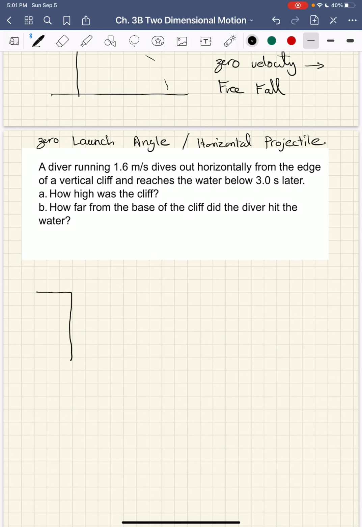A diagram always is very helpful. Then I have a diver that is going to dive horizontally from the edge of a vertical cliff and reaches the water below 3 seconds later.